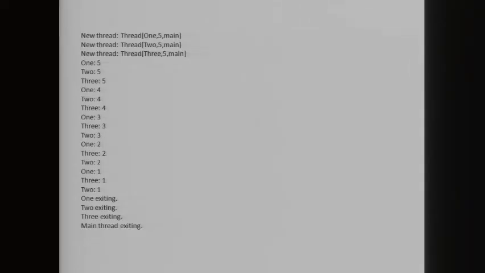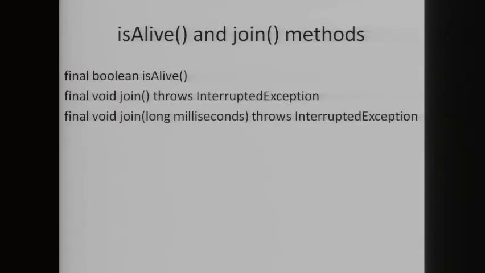Okay, next we shall discuss two important methods. So here we have two important methods to be discussed. One is isAlive and the other is the join method. Sometimes one thread needs to know when another thread is terminating.